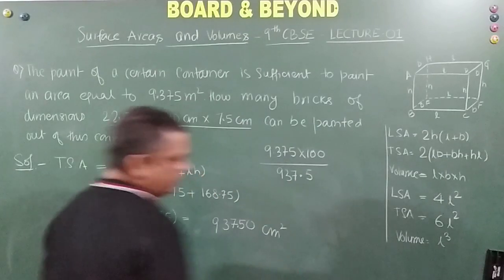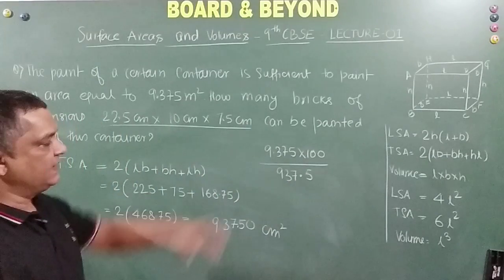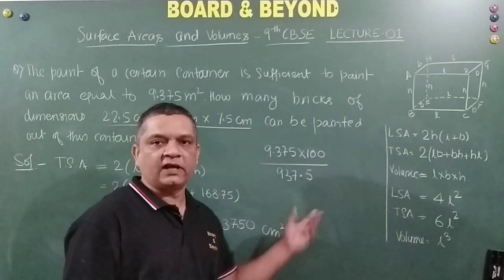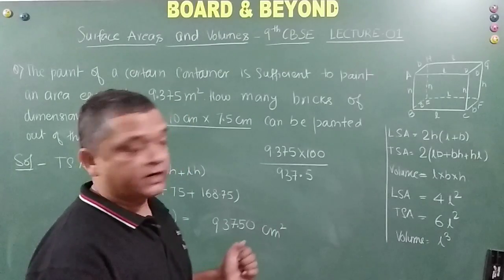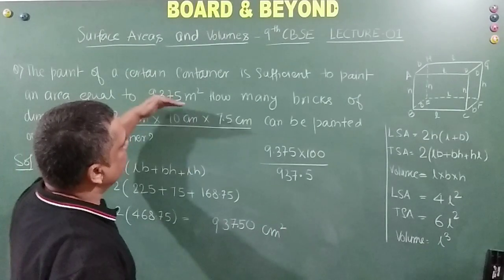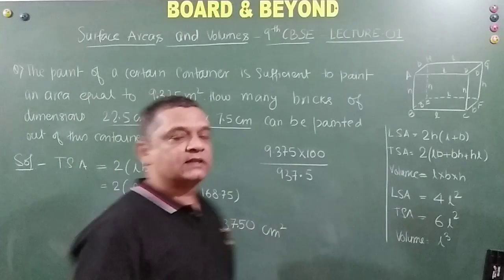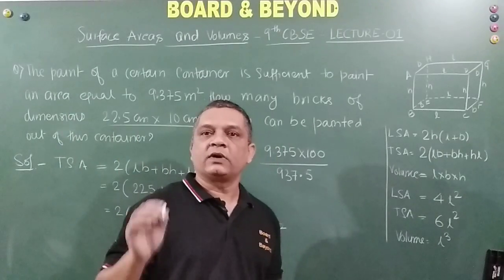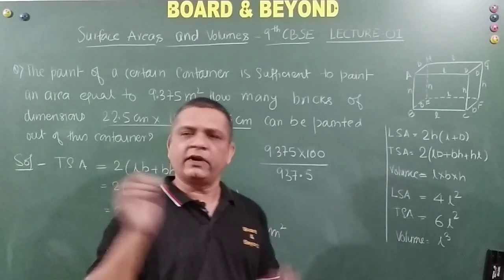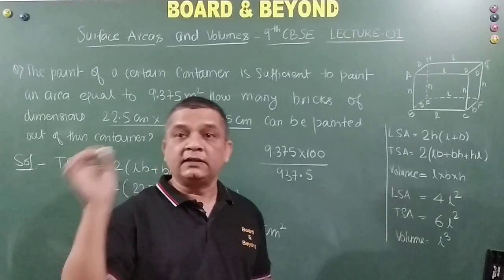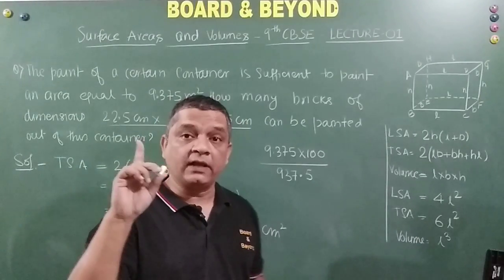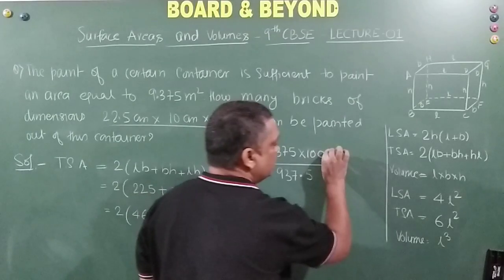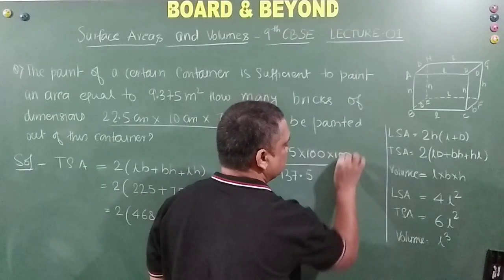You getting my point? Now friends, is this all correct? What I have done, is it right? No, it's not right. Why? Because this is in meter square. So whenever there is a square and you are converting meter to centimeter or any unit to any unit, the multiplication will be 2 times, not 1 time. So into 100 again.